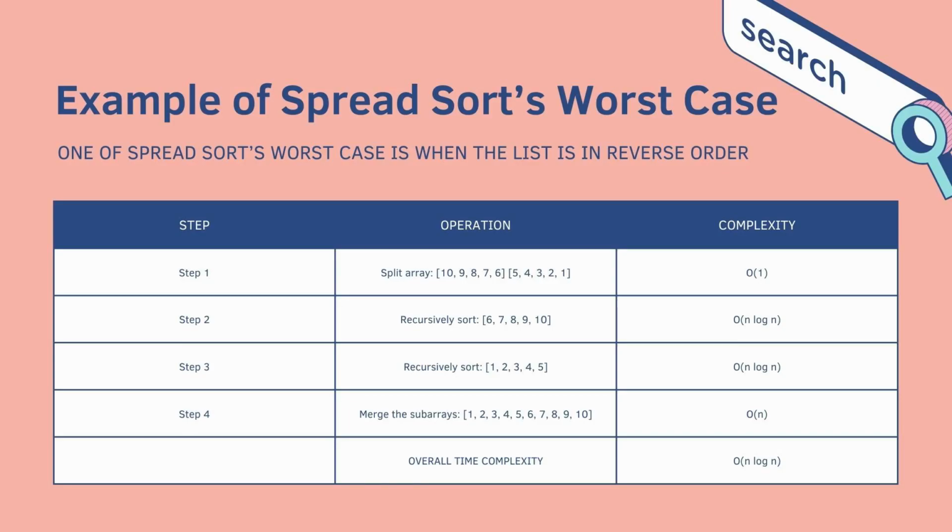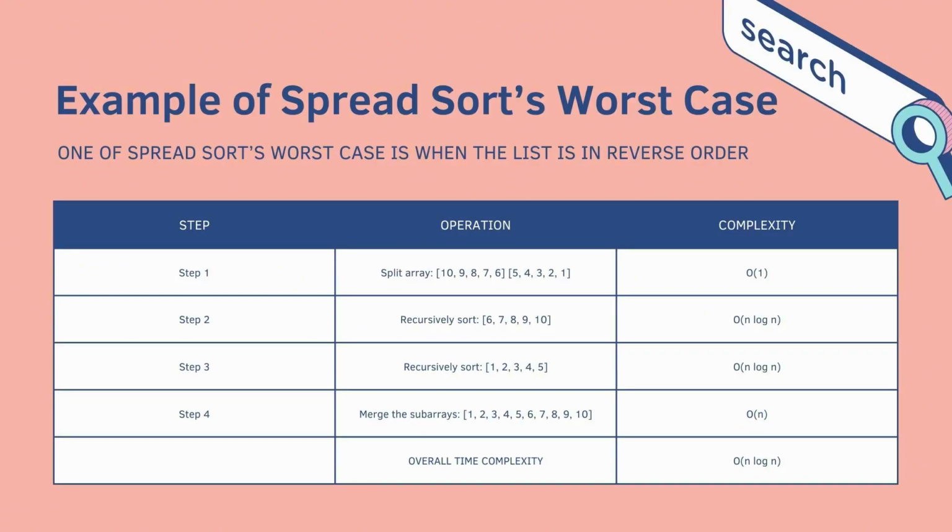Now, here's how the steps are applied to the worst-case scenario of SpreadSort. The array that contains 10 elements will be divided into two subarrays: 10, 9, 8, 7, 6, and 5, 4, 3, 2, 1. Following the division, the two subarrays will now be sorted recursively, as shown in the slide.